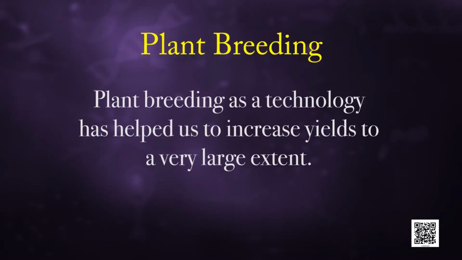As only limited land is fit for cultivation, India has to strive to increase yield per unit area from existing farmland. Plant breeding as a technology has helped us to increase yield to a very large extent.